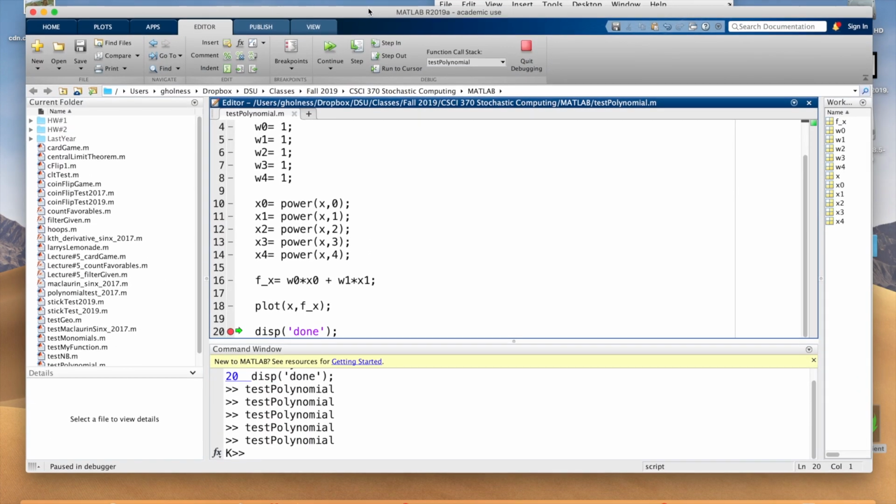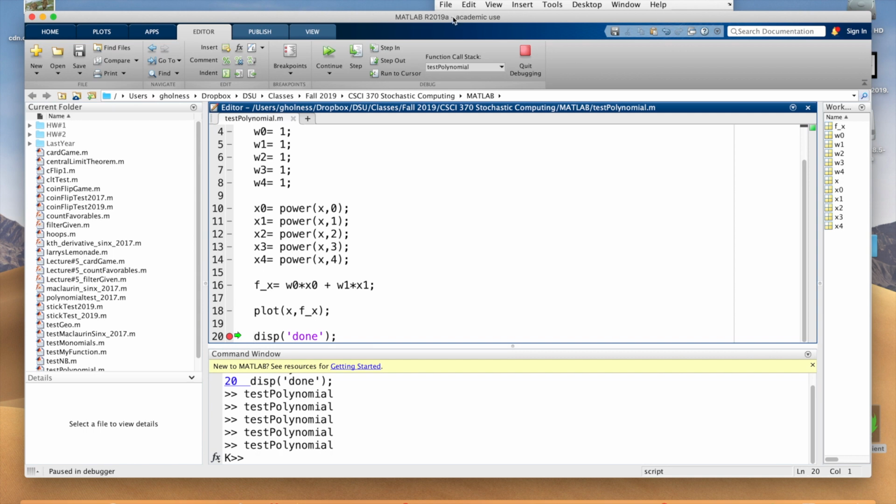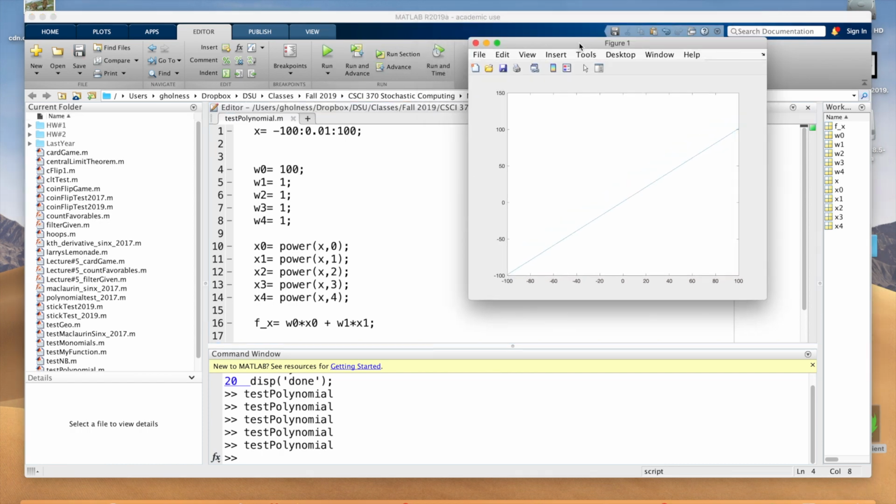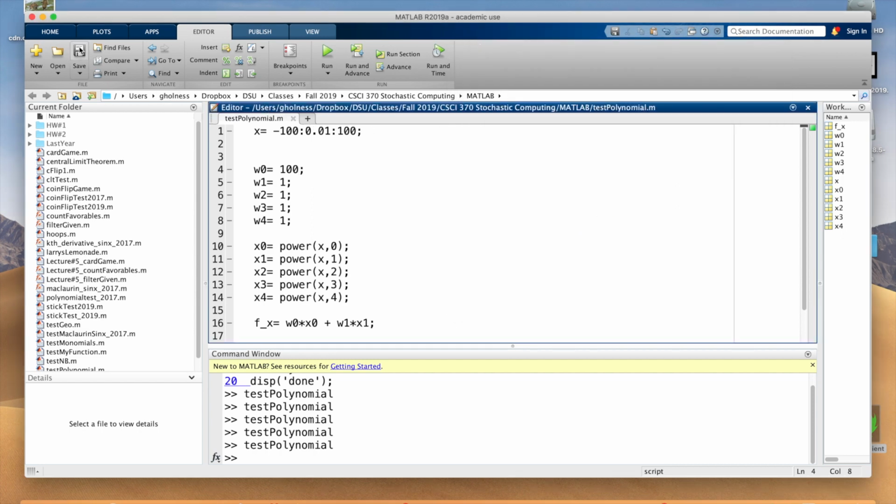Let's change the coefficient on the constant to see what happens. What if we change W0 to 100, right? So now it's going to say, I want 100 parts constant wiggle and add that to 1 part slope wiggle, right? That first order wiggle. So I'm adding the two things together, that constant, which is no wiggle, and that constant slope, which is a very slow wiggle. So let's try that.